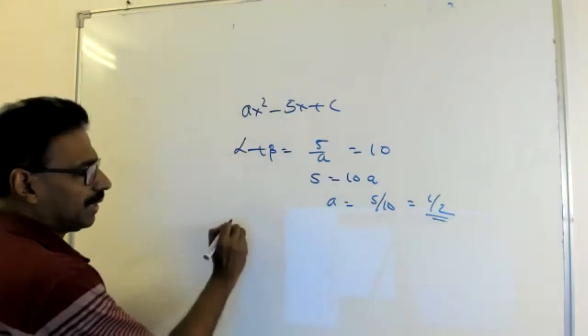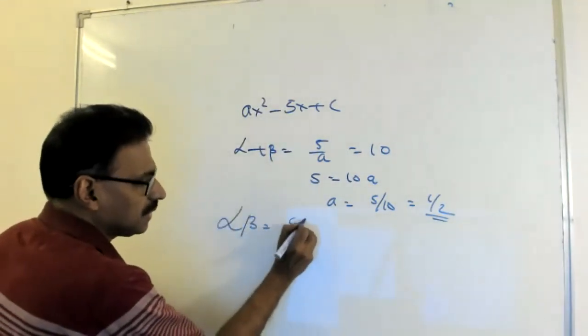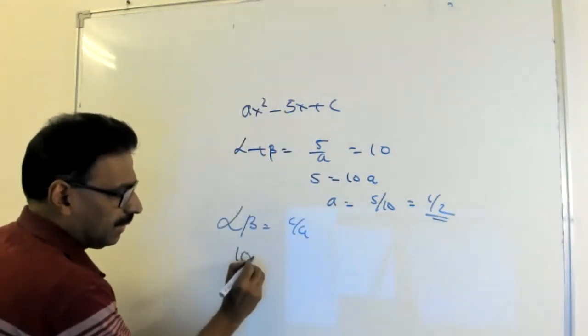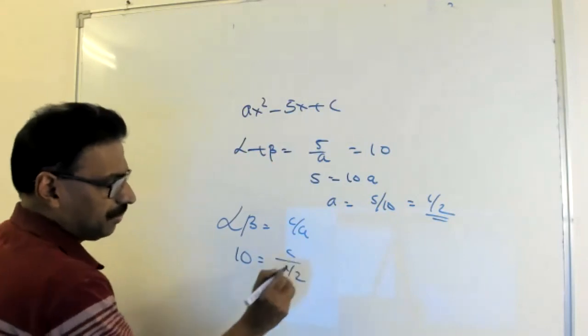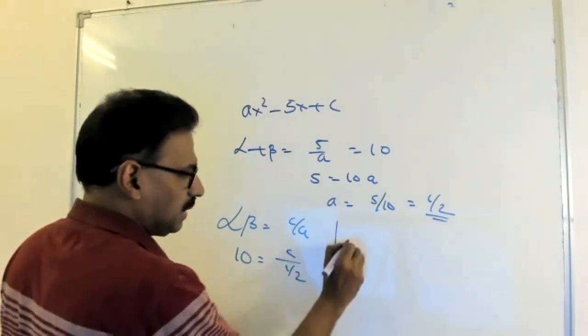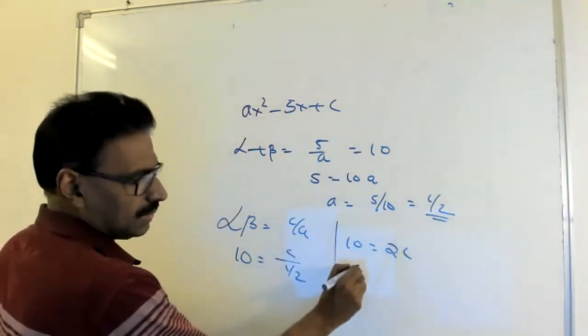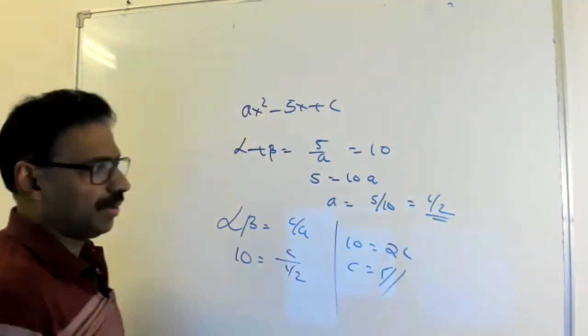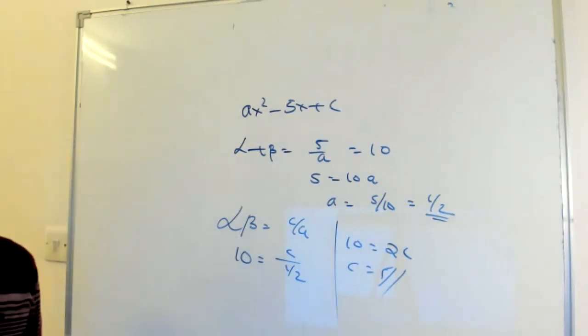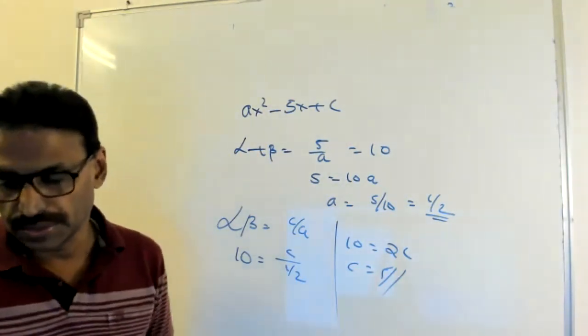Finish. Product alpha beta is c by a, that also 10. C by 1 by 2 is 10, equal to 2C, so C equal to 5. So A equal to 1 by 2, C equal to 5.